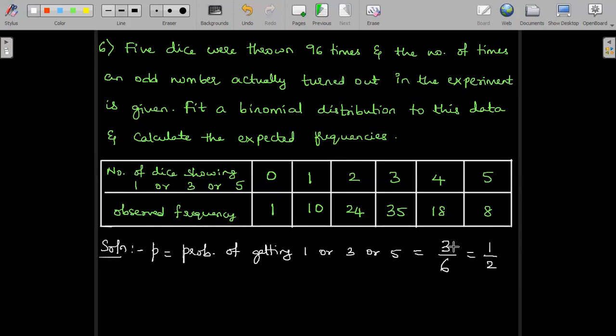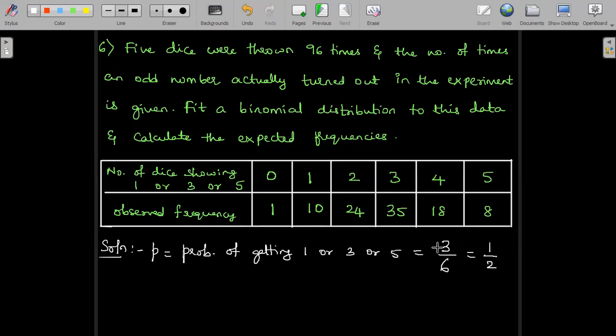Okay, we are seeing that there are 6 possible outcomes whenever we throw a die. So whenever we throw a die, that die can show us the face 1, 2, 3, 4, 5, 6. So there are 6 possible outcomes. So denominator is 6. Now number of favorable outcomes for the numerator should be 3 because it is probability of getting 1 or 3 or 5. So we are talking about 3 choices, either 1 or 3 or 5.